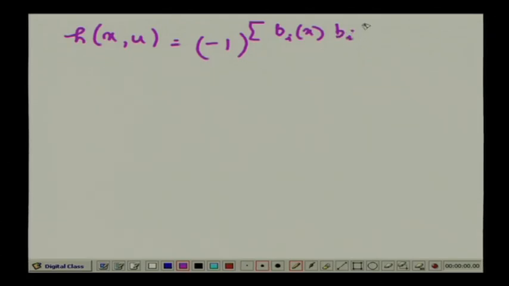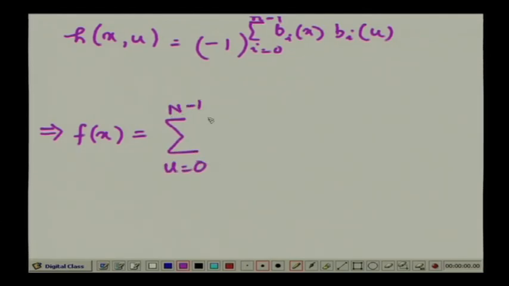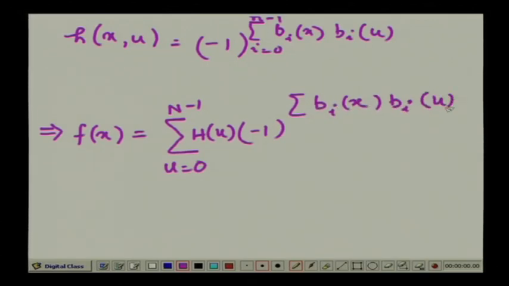So, here the inverse transformation kernel is given by h(x,u) is equal to minus 1 to the power summation b_i(x) into b_i(u), where i varies from 0 to lowercase n minus 1, and using this the inverse Hadamard transformation is obtained as f(x) is equal to summation u varying from 0 to capital N minus 1 H(u) minus 1 to the power summation b_i(x) into b_i(u), where i varies from 0 to lowercase n minus 1.